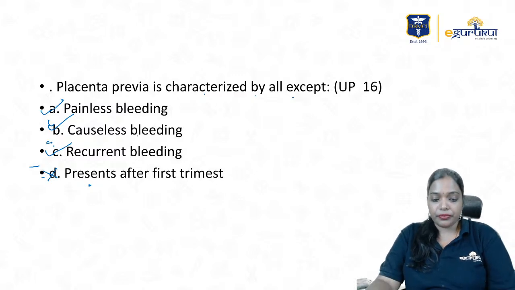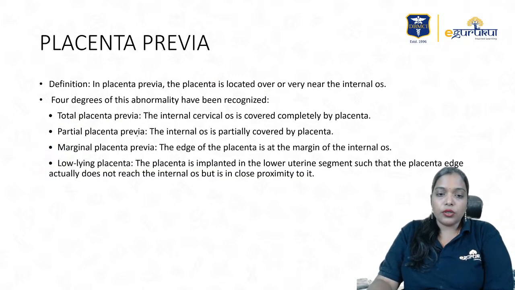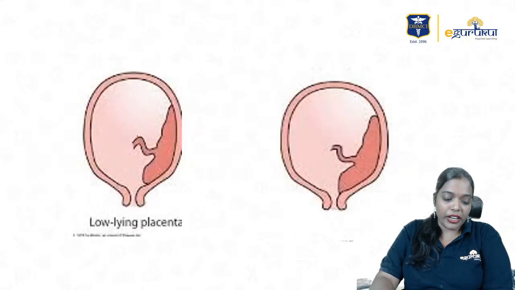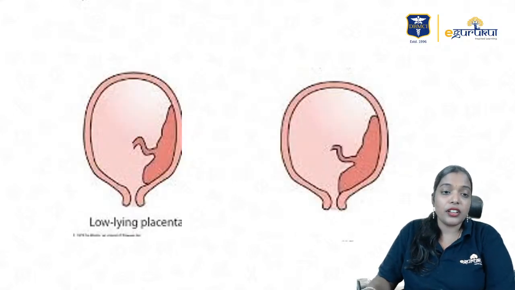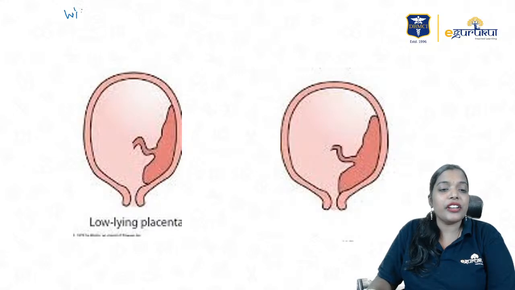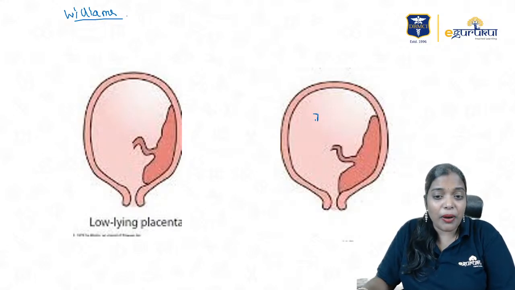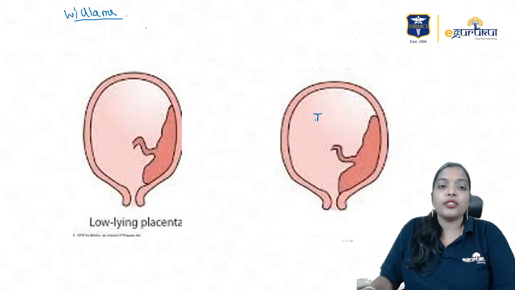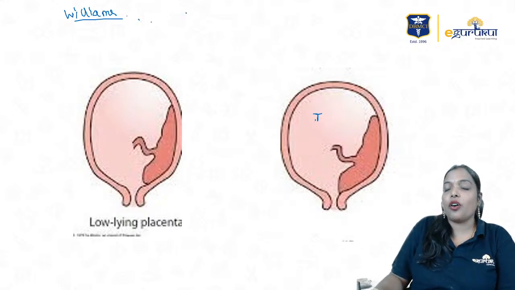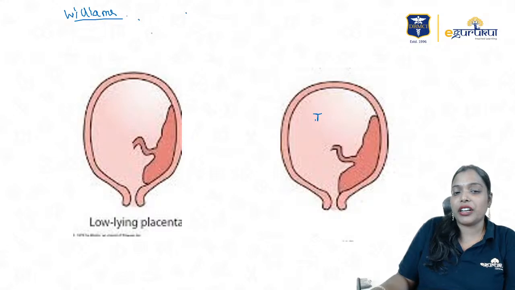Very good. So placenta previa is placenta located over or near the internal os. According to the recent Williams, the internal os is so small, so how can you tell marginal, partial, total? So he said there are only two classifications: low lying and placenta previa.